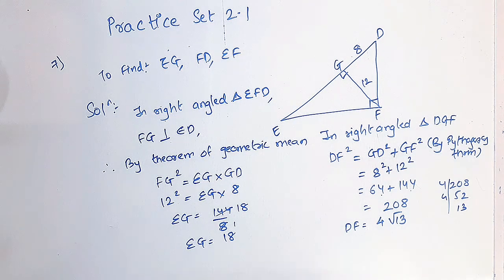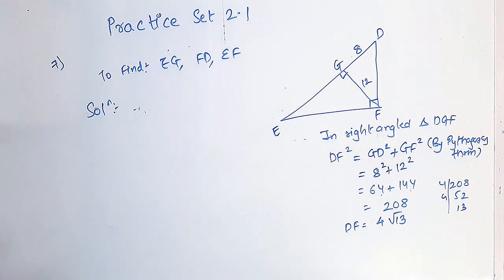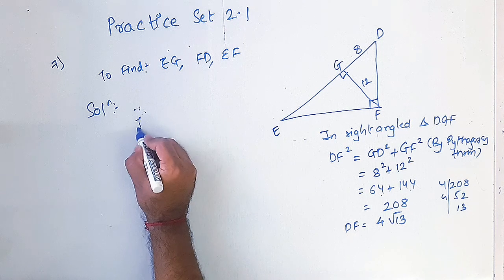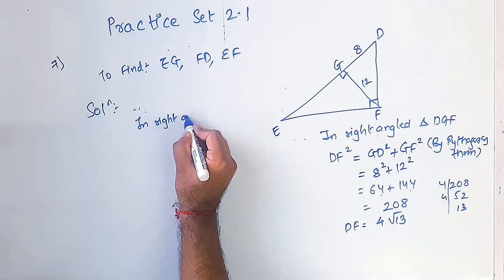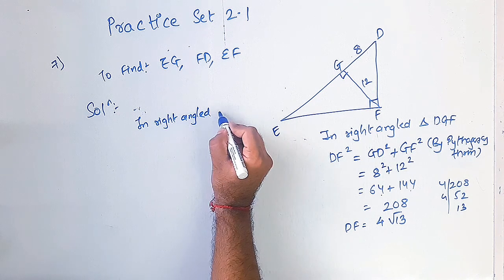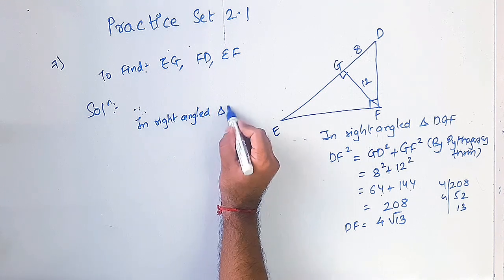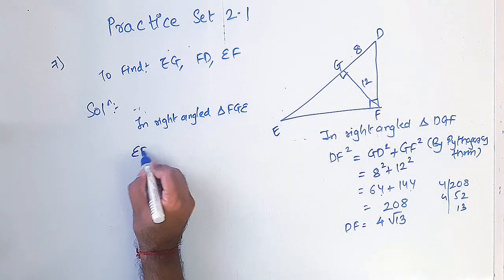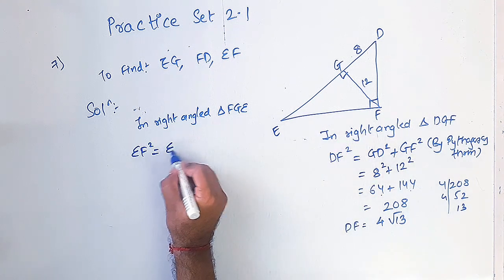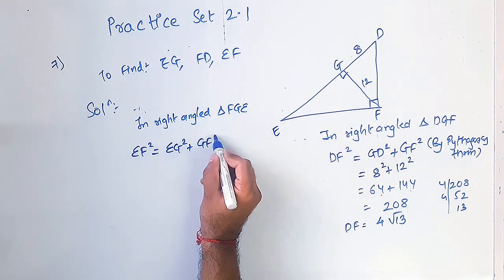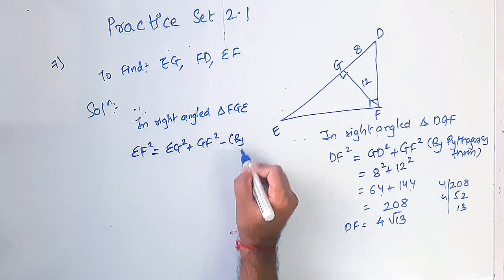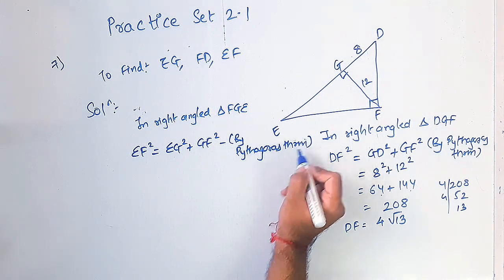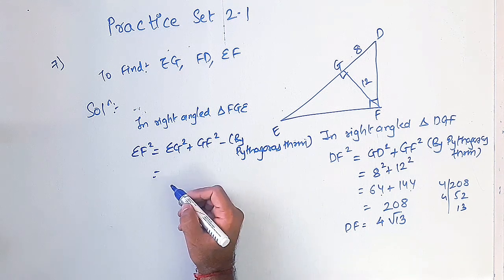We have to find EF. For finding EF, we'll take this smaller triangle. Now in right angled triangle FGE, you can see FGE. So here EF square, this is the hypotenuse, EF square is equal to EG square plus GF square. This is by Pythagoras theorem. So EG is how much?